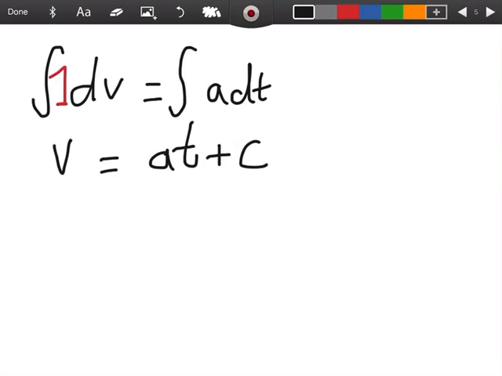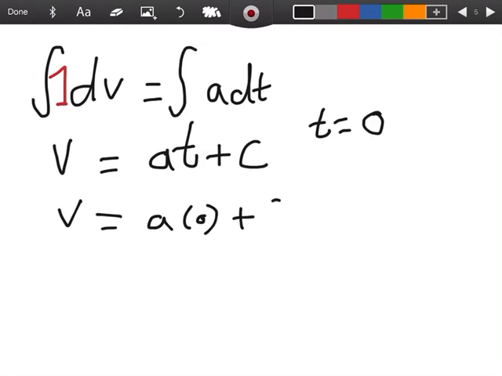And to find the constant of integration, we are going to set time to 0, so t equals 0. v equals a times by 0 plus the constant of integration. That means v equals c.